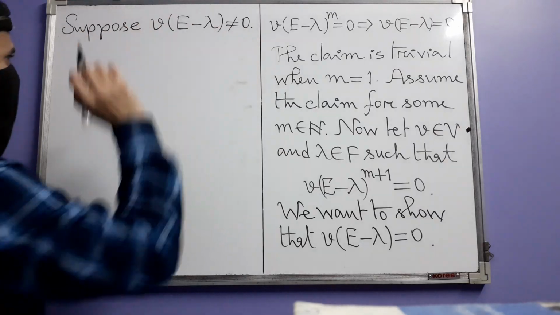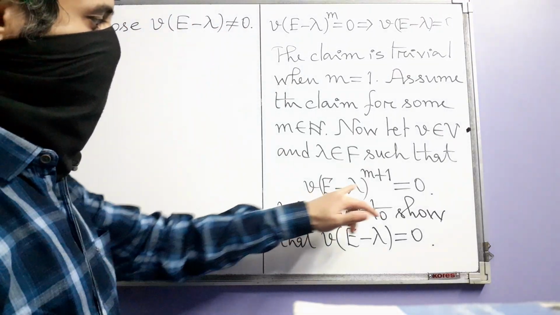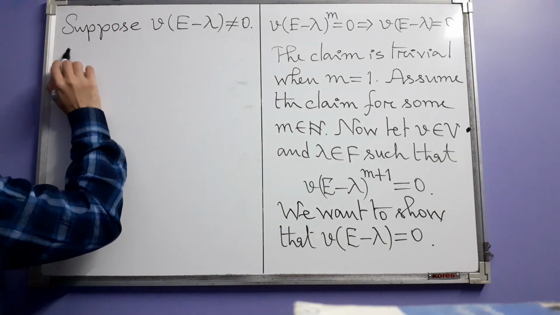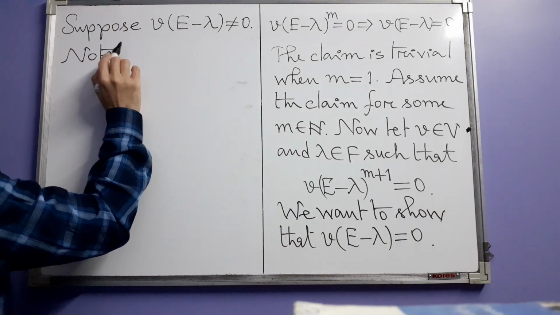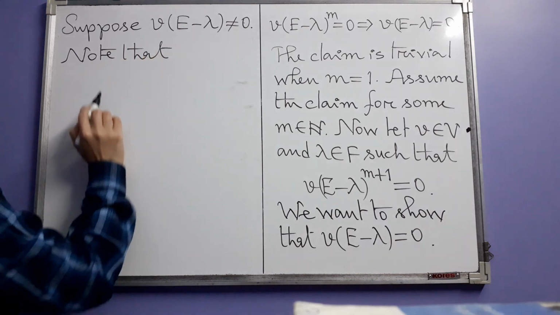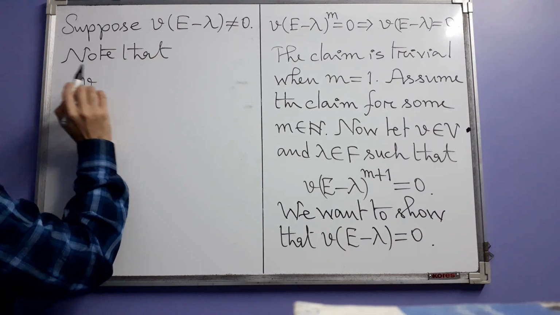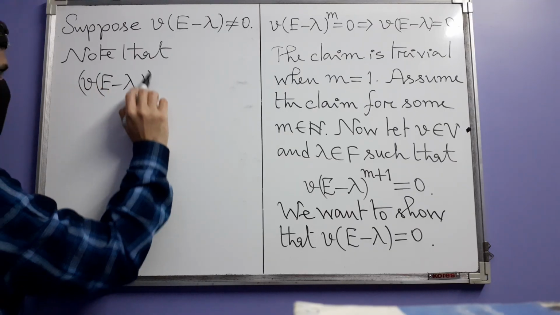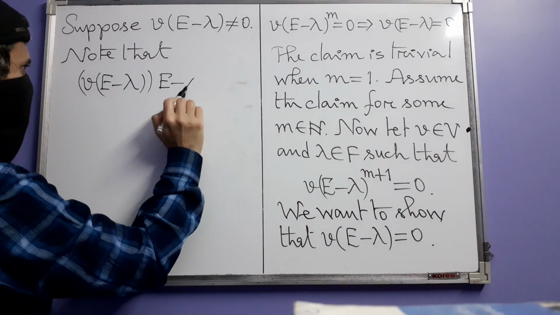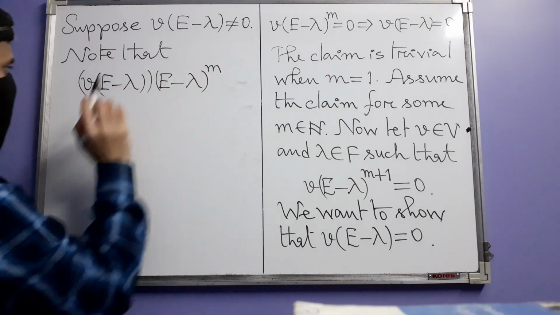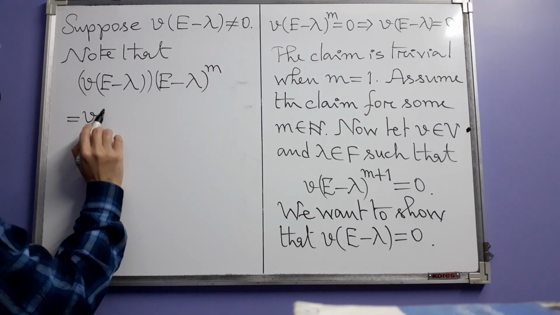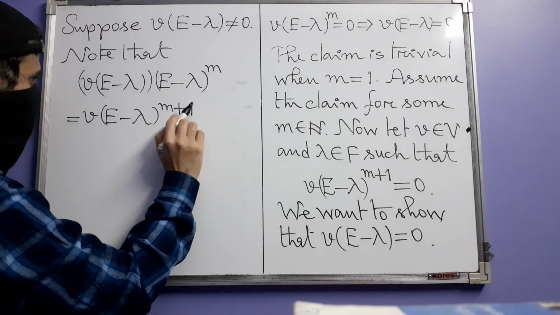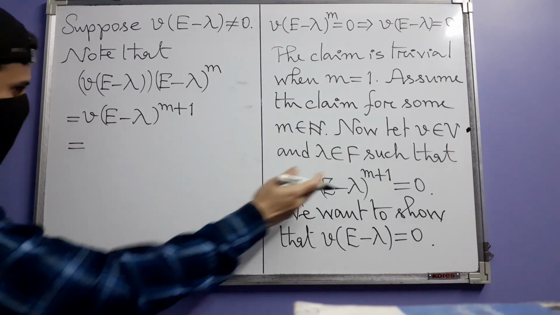Suppose this is non-zero. Now we haven't used this thing, so now we are going to use this. Note that v(E minus lambda)^n is v(E minus lambda)^(n+1), and this of course is 0.